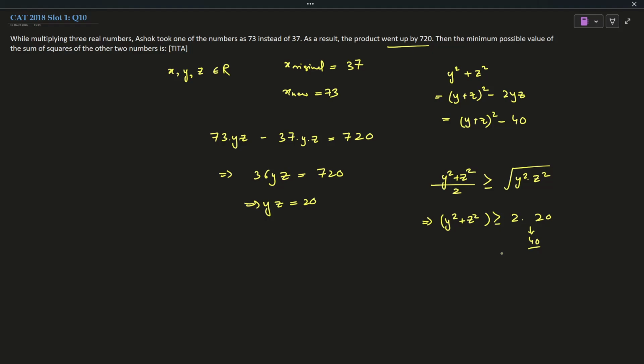That means y square plus z square is always greater than or equal to 40. I need to find a minimum, so the minimum possible value is 40. So the correct answer will be 40, guys.